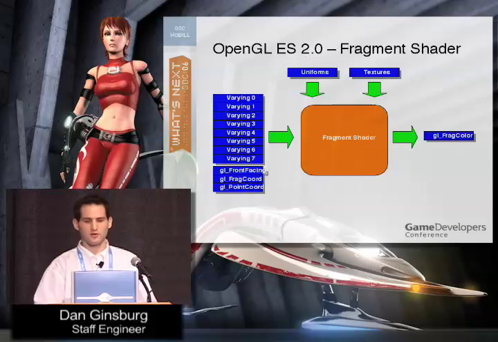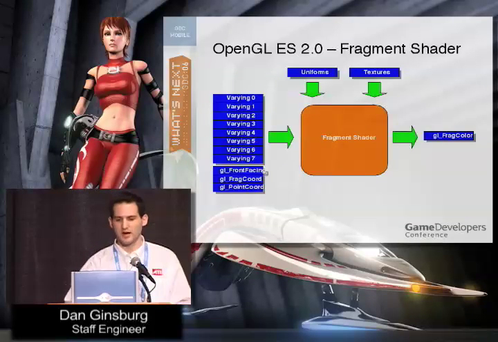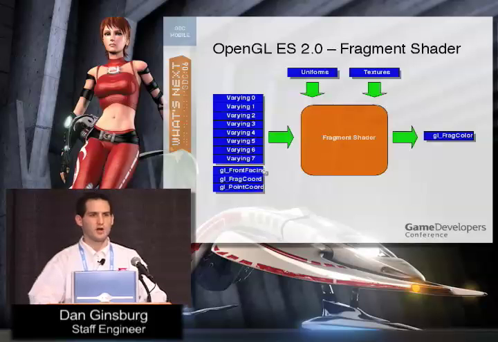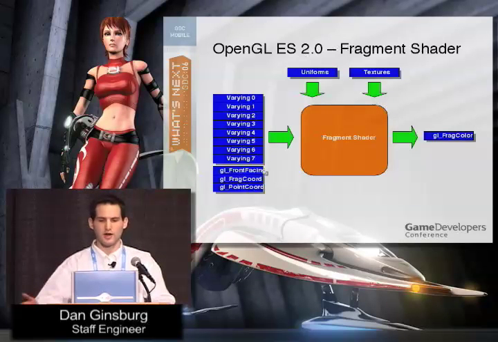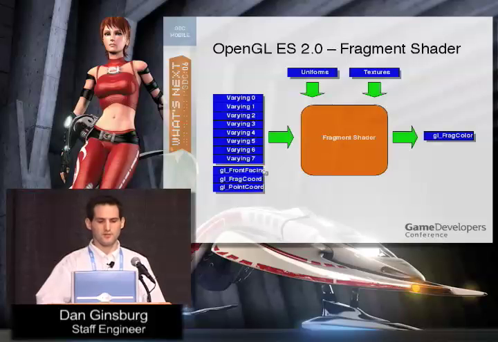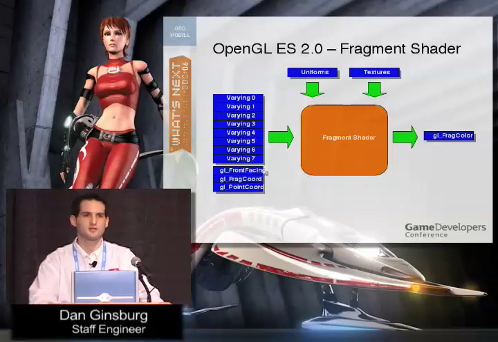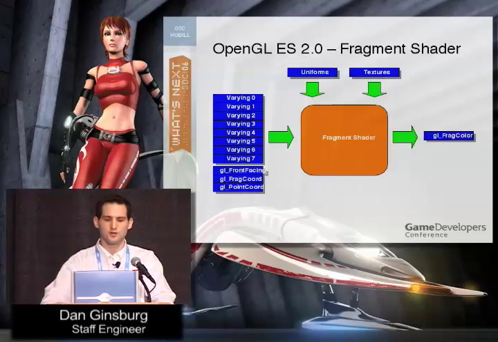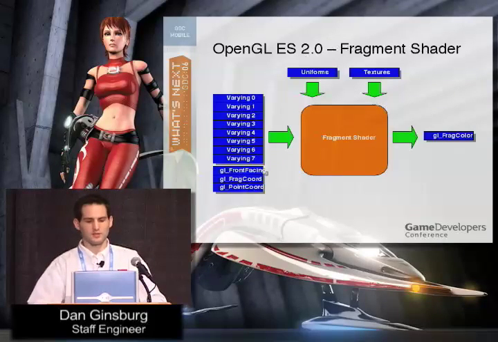So now that we've gone over the Vertex shader, let's take a look at what the Fragment shader looks like. The varyings that you output in your Vertex shader are going to be read as input in the Fragment shader. In addition, there's some other built-in varyings: GL_front facing, which you can use to determine whether you're rendering a front or back face, the Fragment coordinate, which can be used to determine the window position, and point coordinate for texturing point sprites.